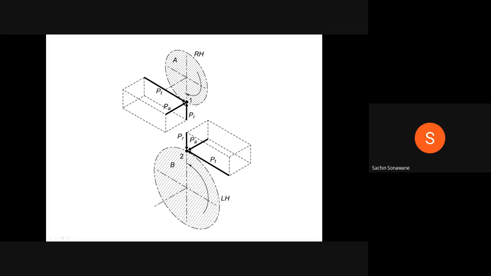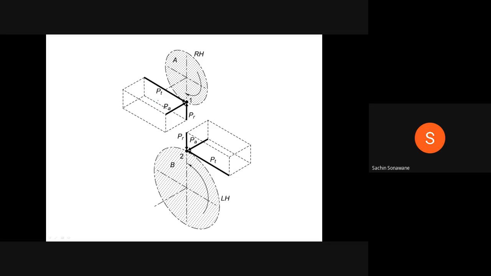Similarly, since pinion drives the gear, the gear will rotate in anti-clockwise direction. Therefore, tangential force will be in the same direction as the rotation. Now, radial force is known as separating force. Therefore, radial force will always be directed towards the center. Direction of PR will be like this.